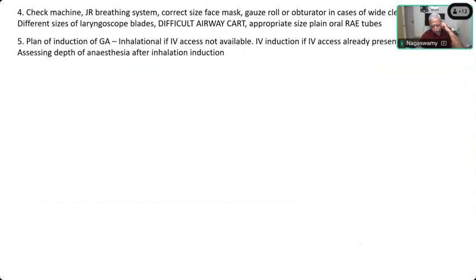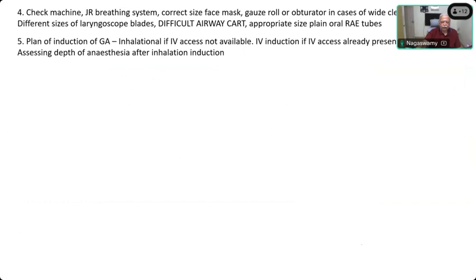I think I have been repeatedly teaching you this in the classes on pediatric anesthesia. Three important signs which occur clinically. What about the respiratory rate? What will happen? Supposing you bring in a conscious child and put the face mask onto the patient's face and start giving oxygen and sevoflurane.